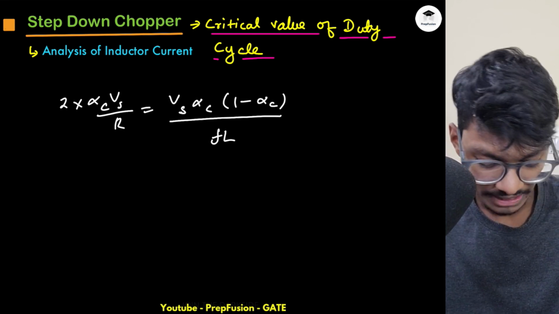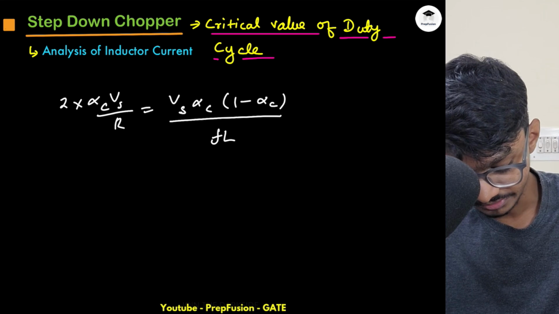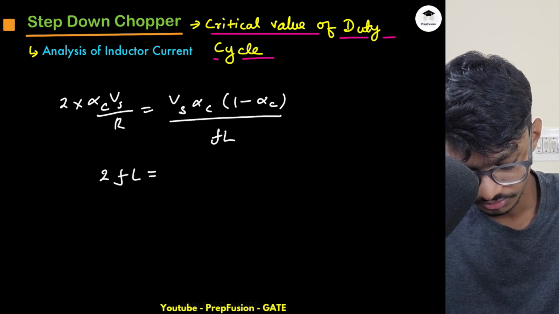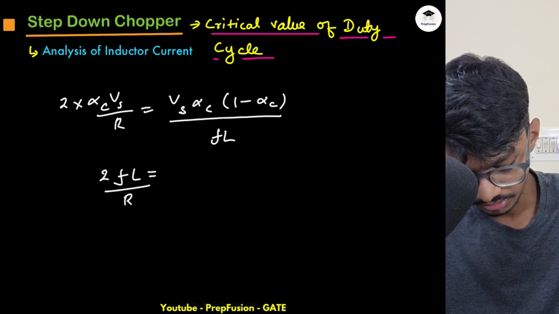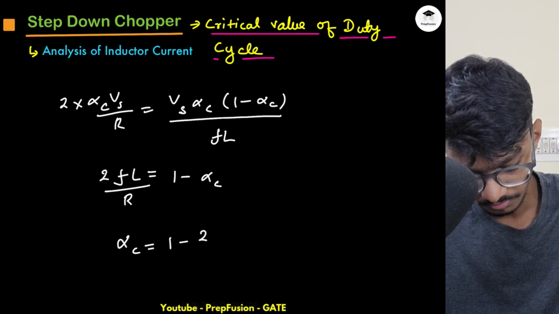Alpha C will get cancelled, Vs will get cancelled. I just want this expression. So this will be 2f times L equals, now there is R here, 1 minus alpha C. So alpha C will be 1 minus 2FL by R.